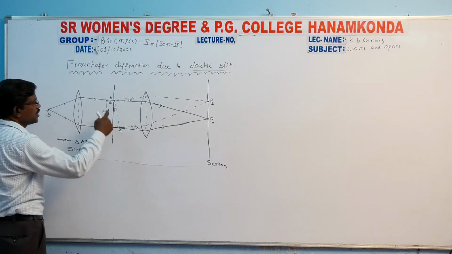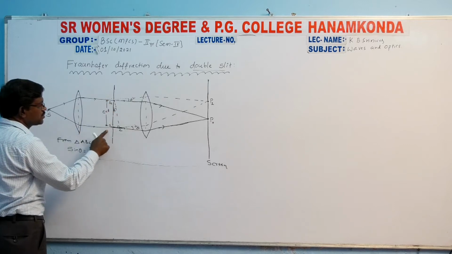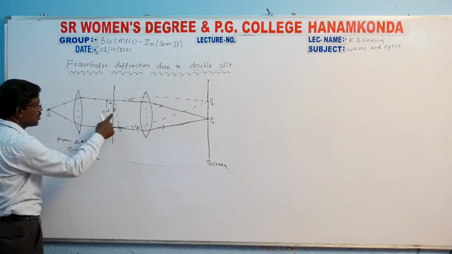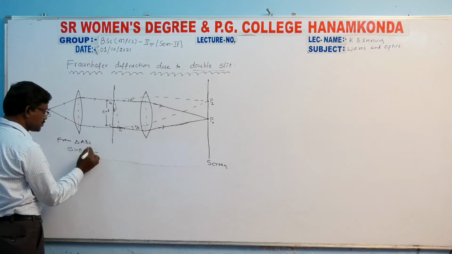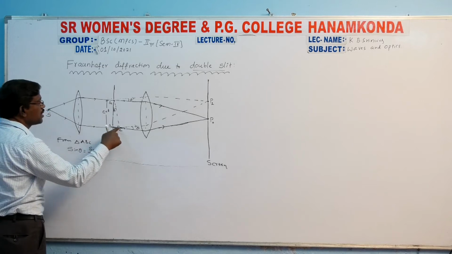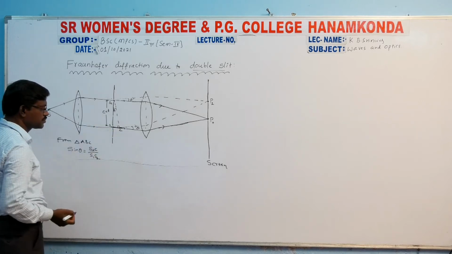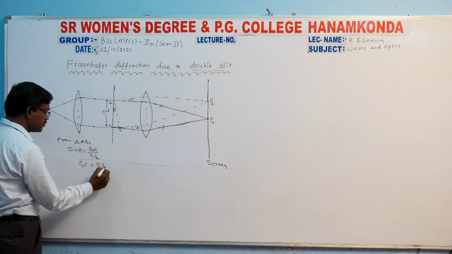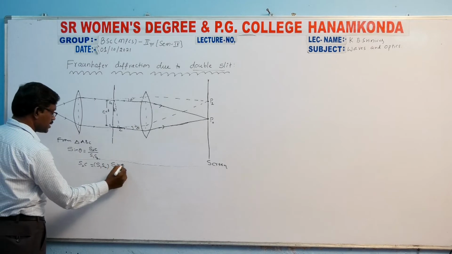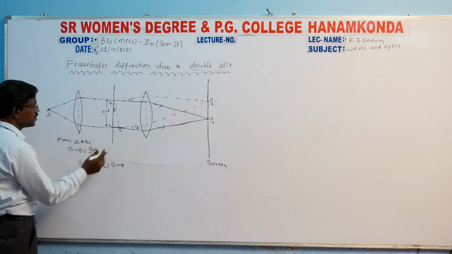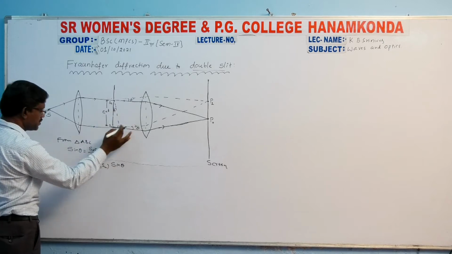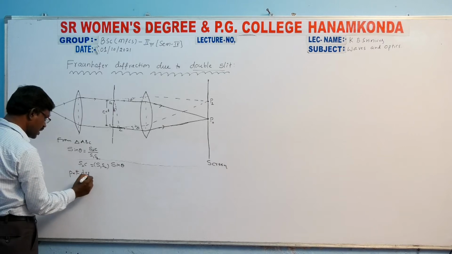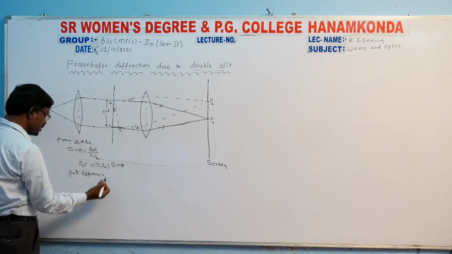Clear? Instead of ABC, you can represent it as S1, S2, so I want to calculate S2C. So sin theta is equal to the opposite side S2C by the hypotenuse S1 S2. So S2C is equal to S1 S2 into sin theta. S2C is nothing but the path difference between the two rays. Therefore finally I have calculated the path difference between the two rays.